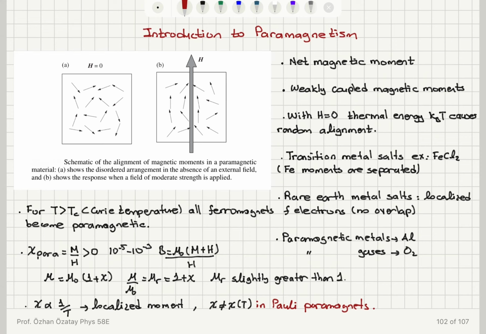It has a characteristic temperature dependence. Susceptibility varies as 1 over T according to Curie law, which we will derive. And on the other hand, if we're talking about Pauli paramagnets, another class of paramagnets, we're going to see that in that case, the susceptibility is temperature independent.